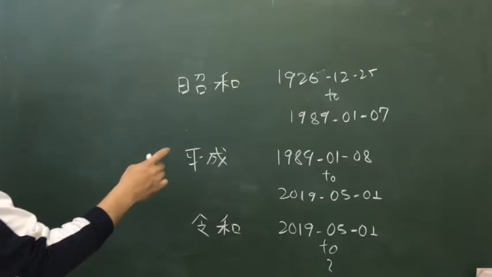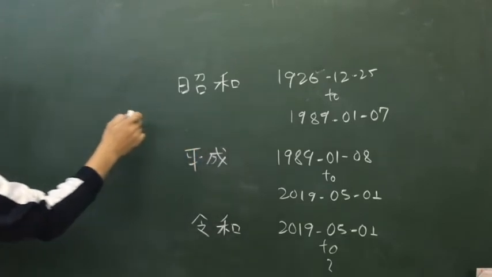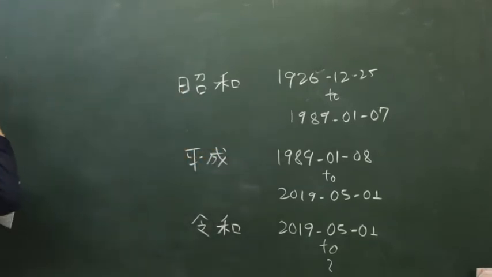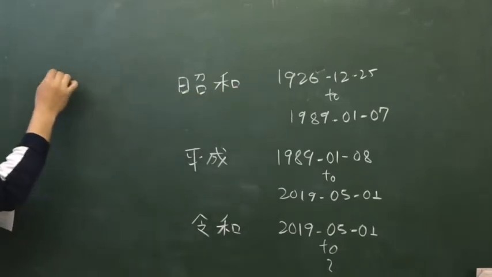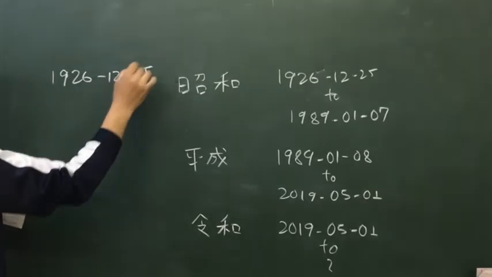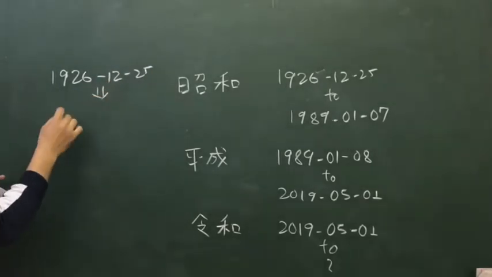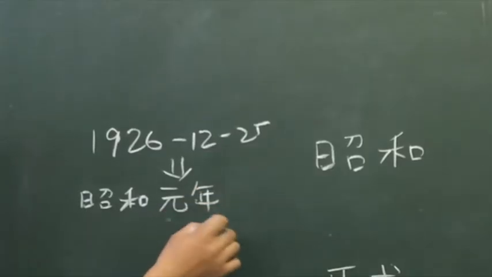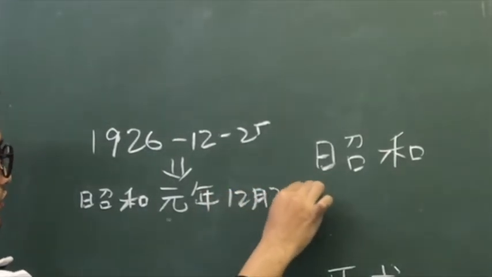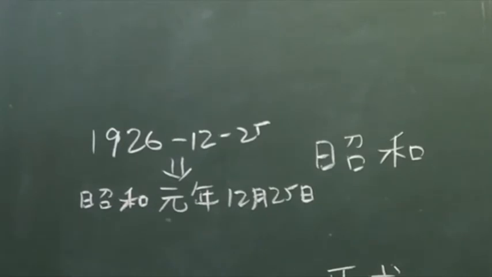For example, if you are writing the date in between this period, 1926 1225, this is the first year, so it would be Gannen, 12月25日. So it would be like this.